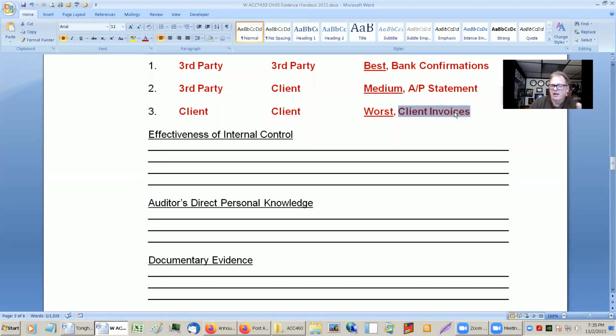And hopefully the customers will send it back saying, yes, it is, or we're making corrections on it or whatever. We can actually move evidence up, and we're always trying to move evidence up. The bank confirmation is something that can get moved up from being sent to the client to being sent to the auditors. We move it up. So I'm making evidence better than it was originally.